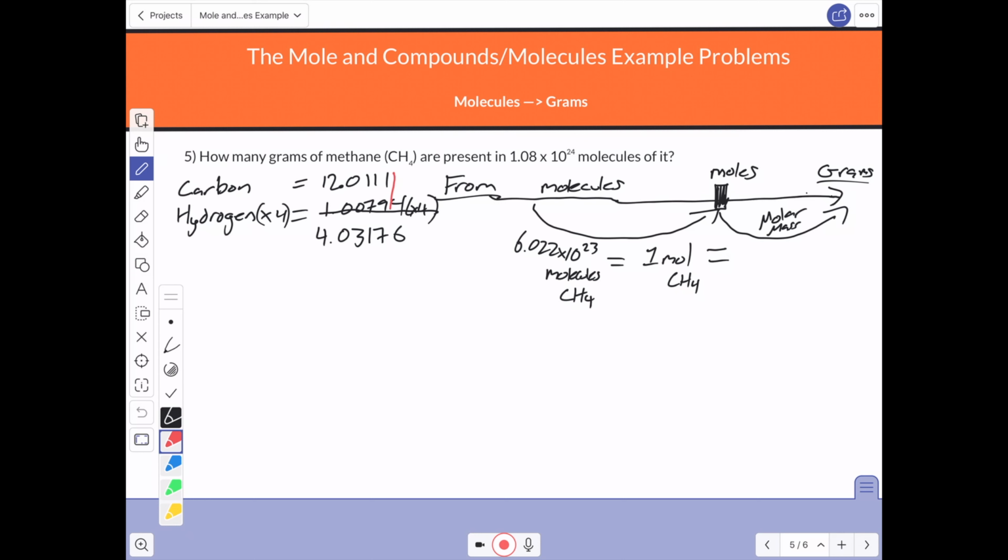Make sure I've got everything lined up properly. And we'll add it to 12.0111. We have 16.04286 grams per mole.